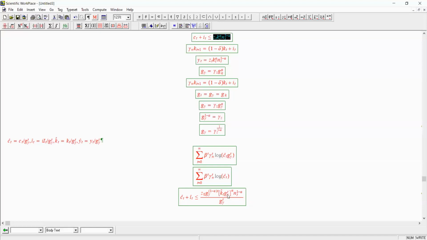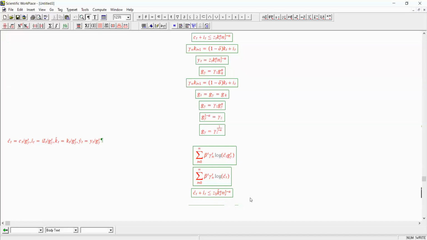And you can see that if we bring this outside the parentheses, we have g_y to the 1 minus alpha t times g_y to the alpha t, which of course is simply g_y to the t. So this cancels from the top and the bottom. And boom, we're done, almost. We're done with that constraint.